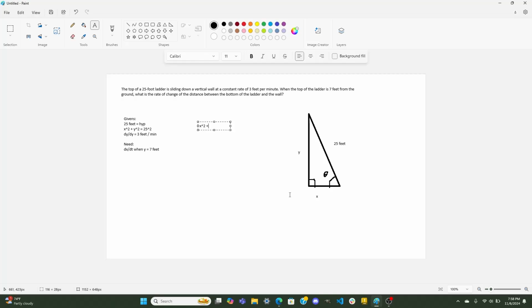Now we have x squared plus 7 squared equals 625, and 7 squared equals 49 once you square it out. After solving for x, we find out that x is equal to 24. So now we know that x is equal to 24. We can write that here.